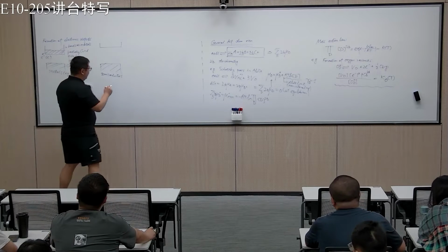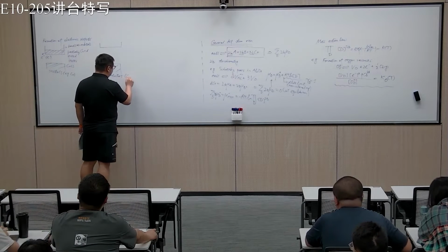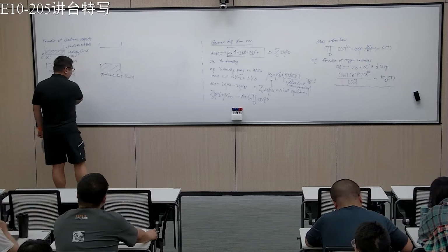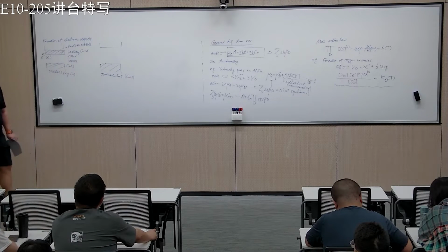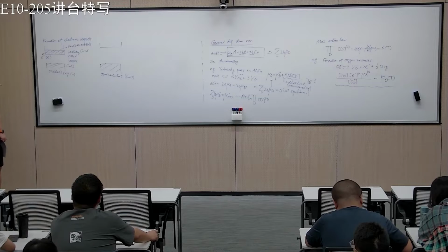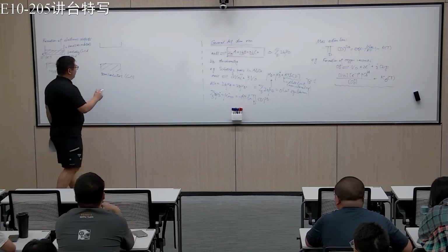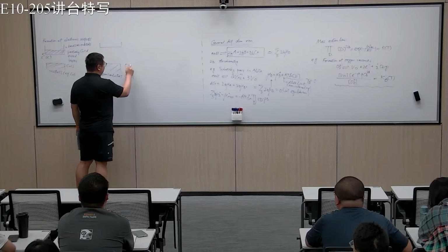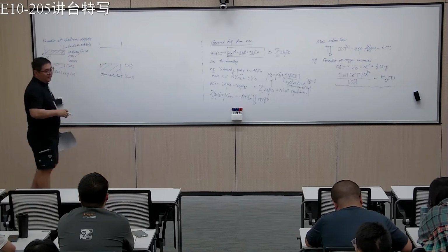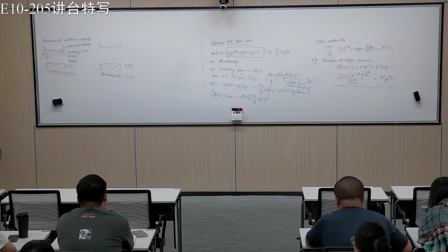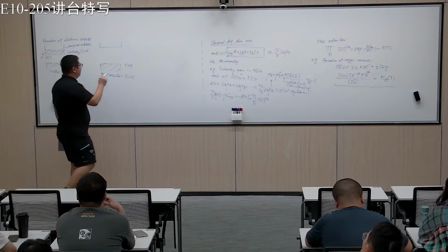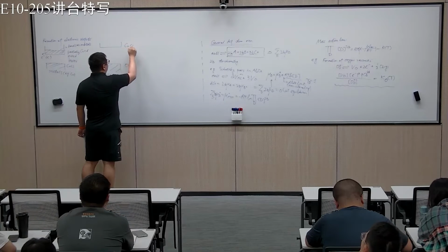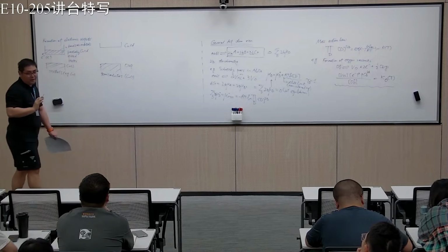For example, this will be copper oxide, just to give you an idea. For copper oxide, you are less fortunate, because all these bands are filled, in reality oxygen 2p bands, and all these 3d bands are empty.